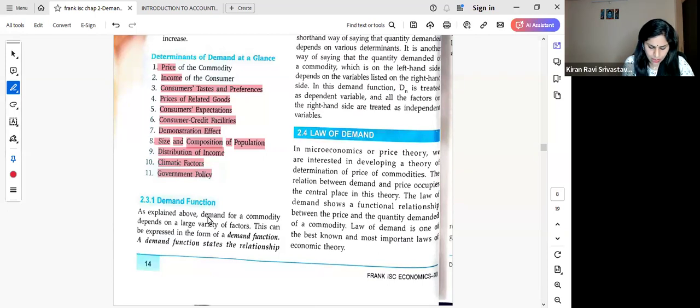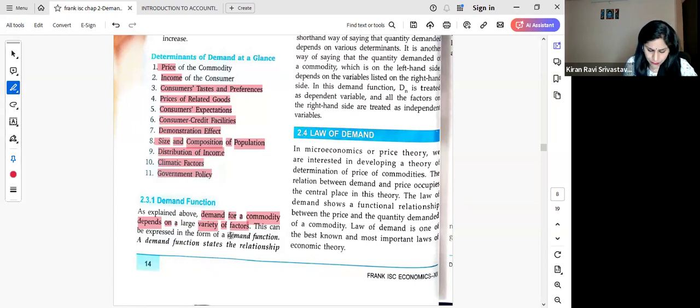So demand for a commodity depends upon a variety of factors. Just now we have seen that demand for a particular commodity is dependent on all the 10 factors which we have seen here. So this can be expressed. All the determinants of demand can be expressed in a mathematical form, and that is called demand function.